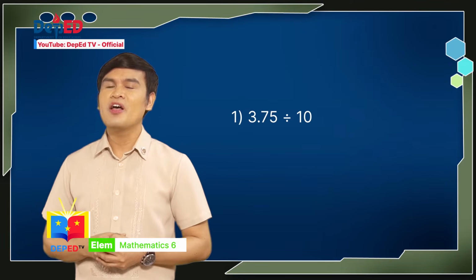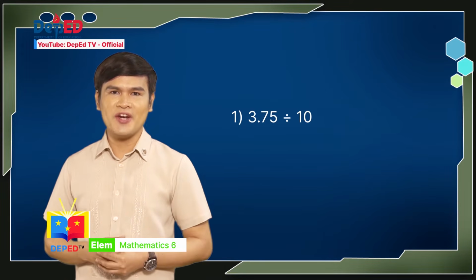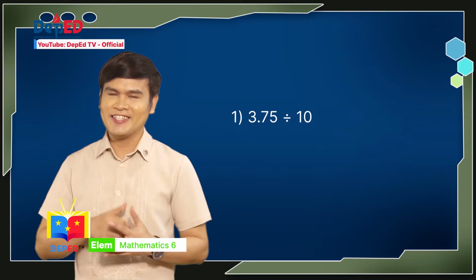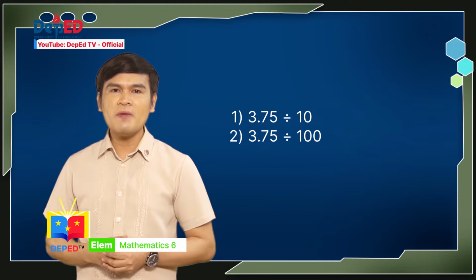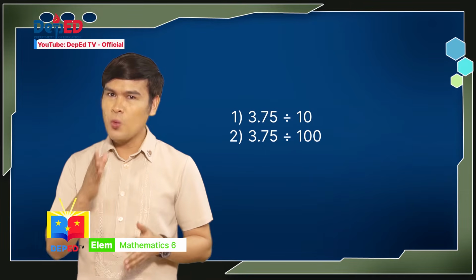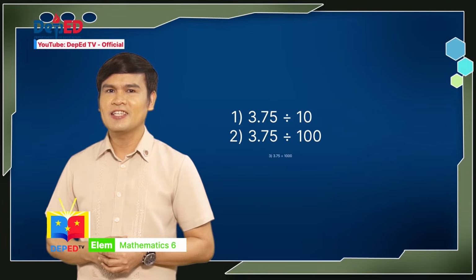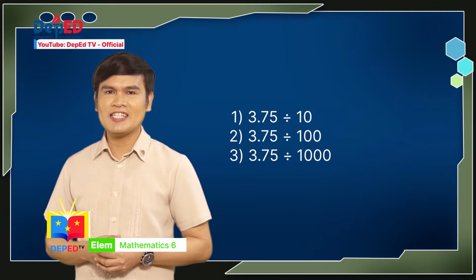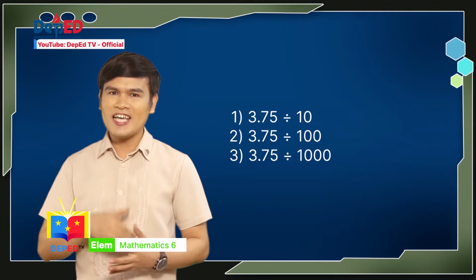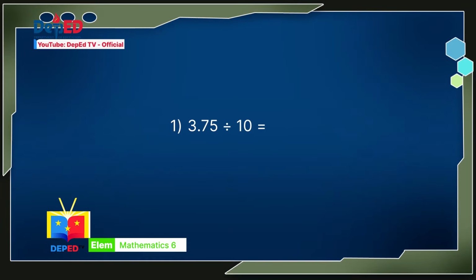Number 1, 3 and 75 hundredths divided by 10. Number 2, 3 and 75 hundredths divided by 100. Number 3, 3 and 75 hundredths divided by 1,000. Example number 1. 3 and 75 hundredths divided by 10.